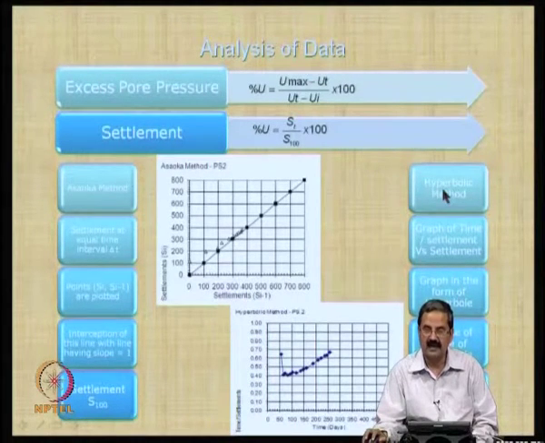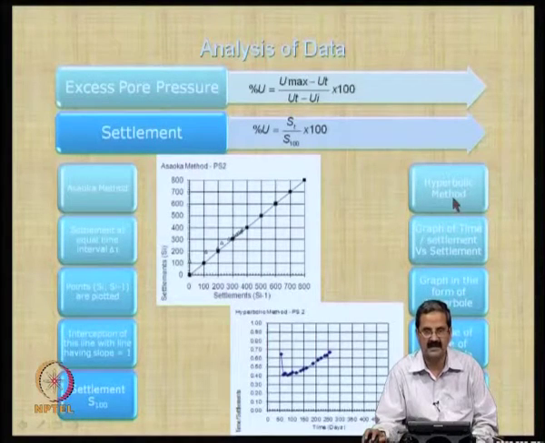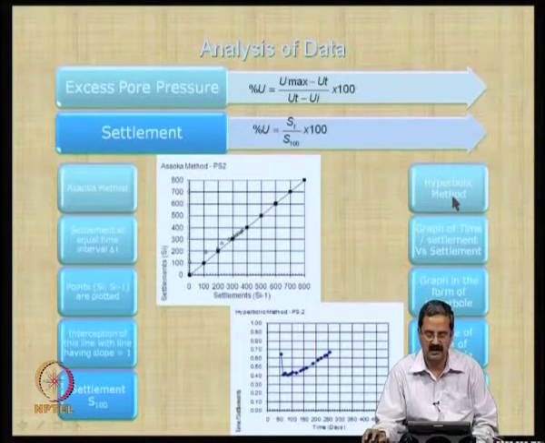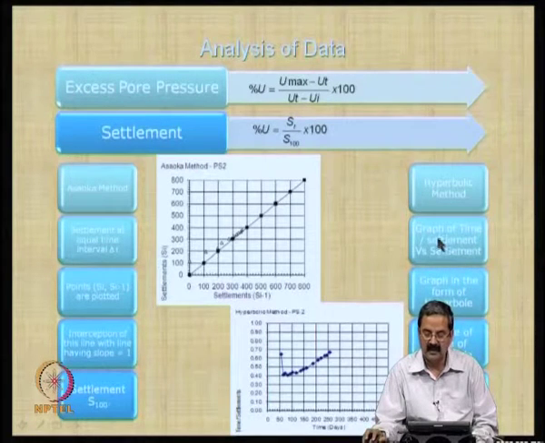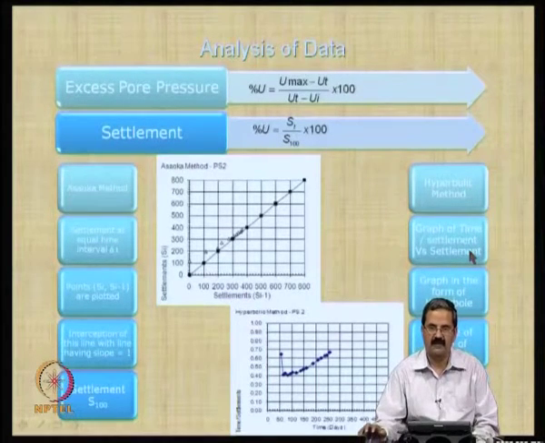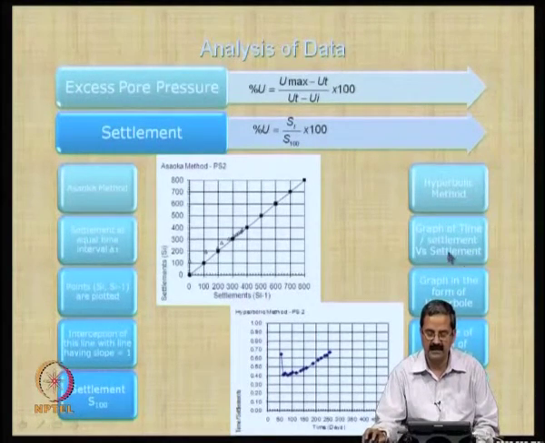That is one way. There is another method, which uses the hyperbolic method. In fact, the hyperbola is a standard constitutive model in basic geomechanics, which we call the Duncan-Chang model. What we do here is plot the graph of time versus settlement, and whatever is in curved form becomes a straight line.